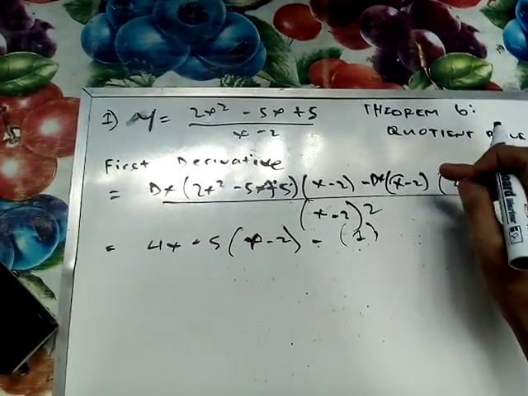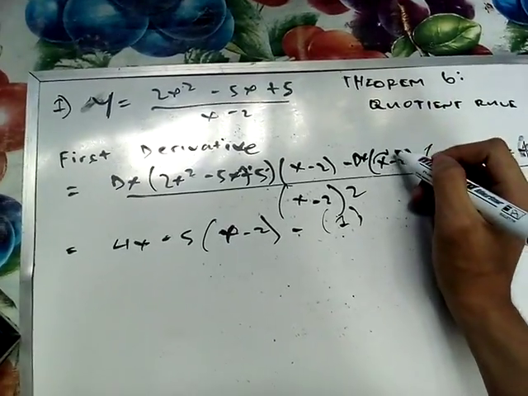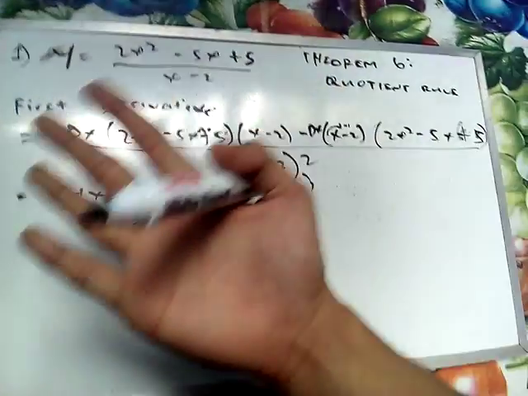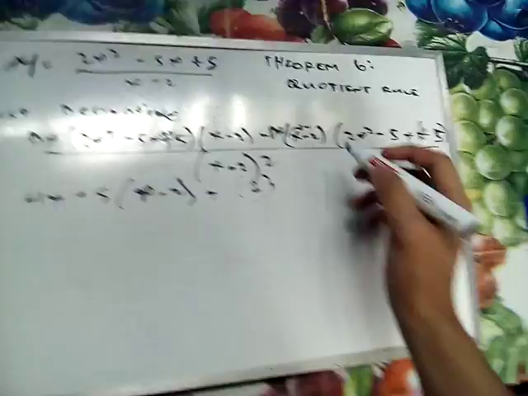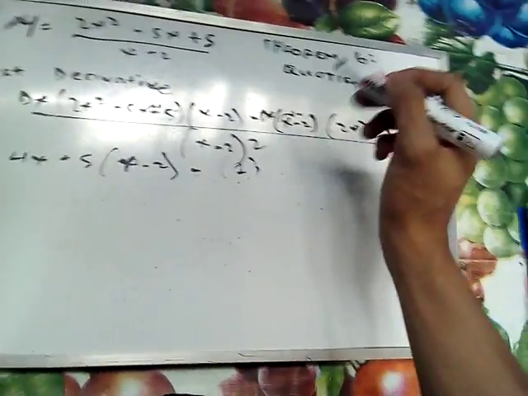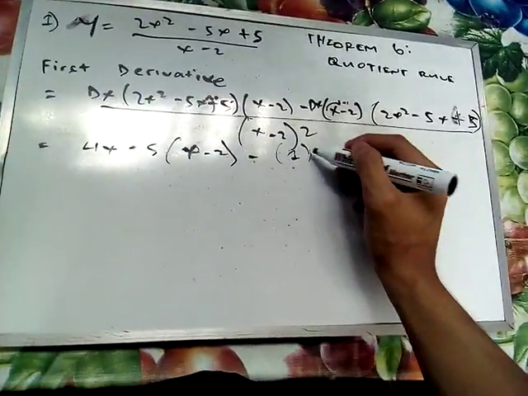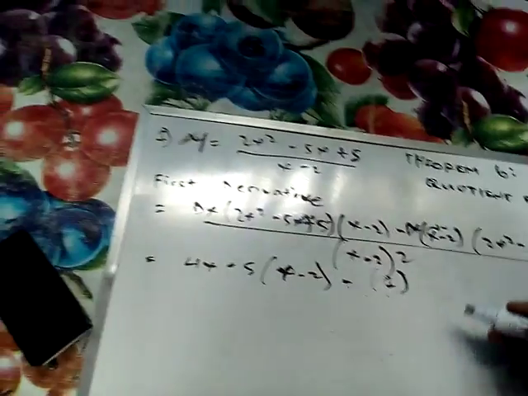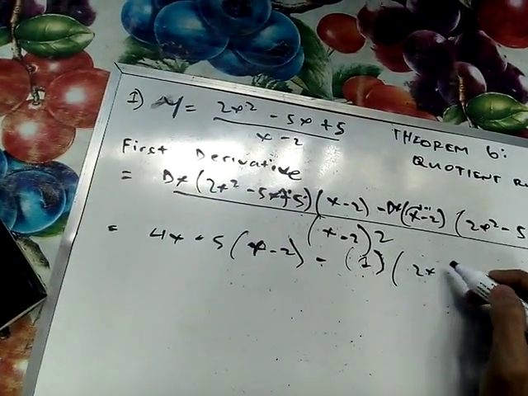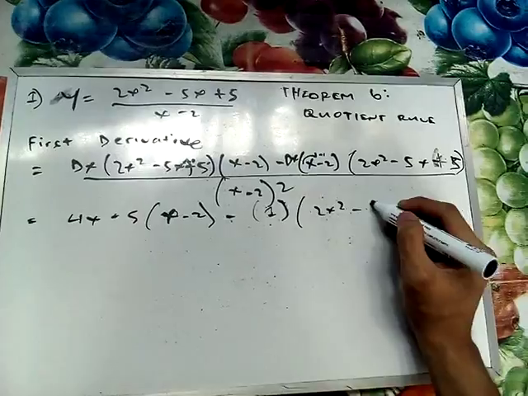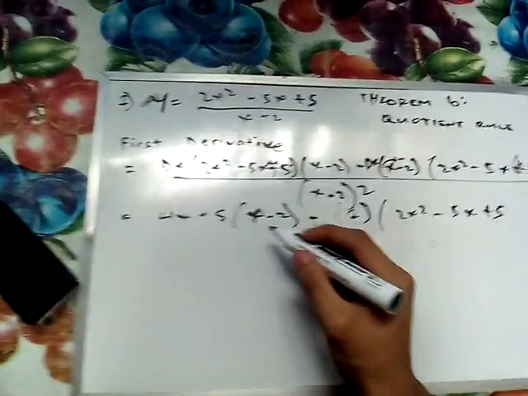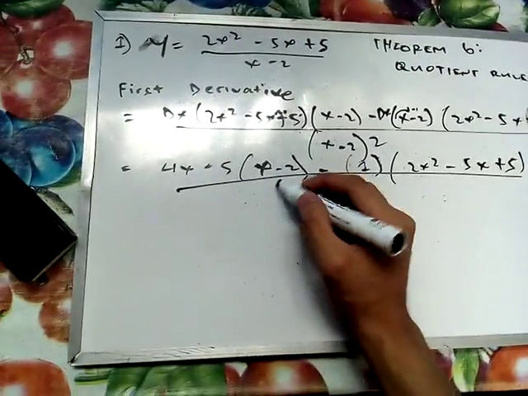The power of x is 1, so 1 minus 1 is 0. Like I said earlier, x to the power of 0 is always 1. So 1 times 1 is 1. Times 2x squared minus 5x plus 5, all over x minus 2.